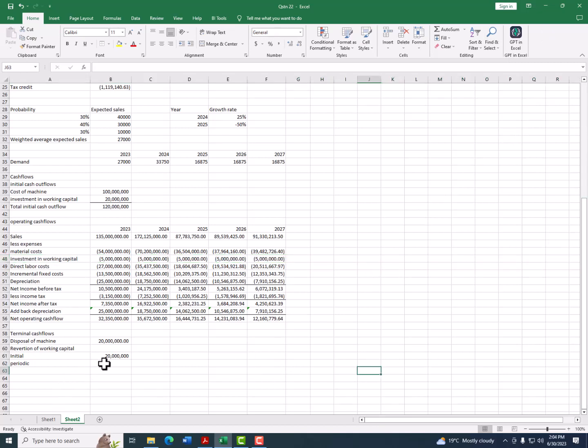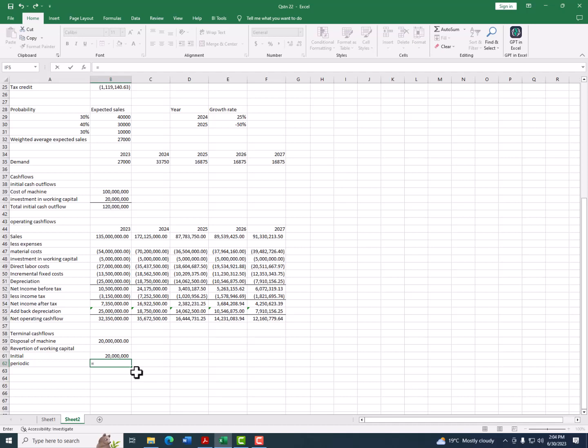So what is the periodic reversion in working capital? It is the sum of all these, but now it's positive because you are making it back. Remember, we said that you revert the working capital at the end of the period because the assumption is all the inventory that you had invested in, you are going to sell it off, right?